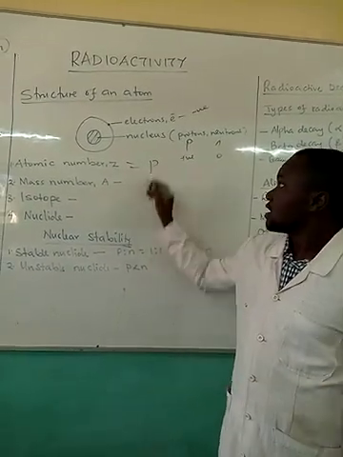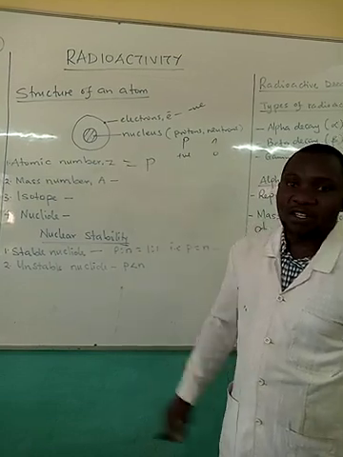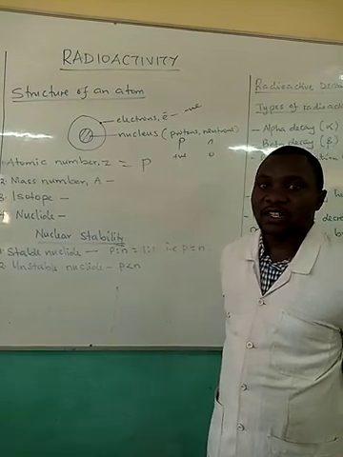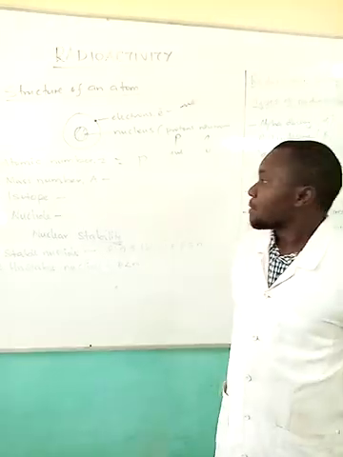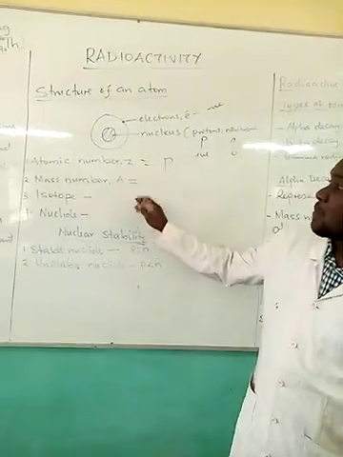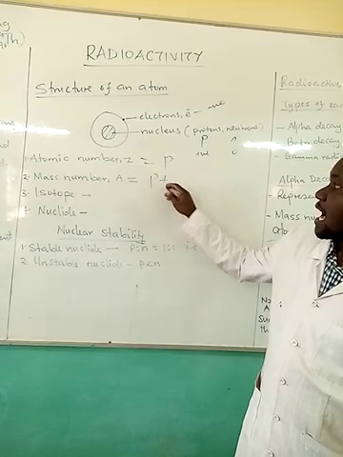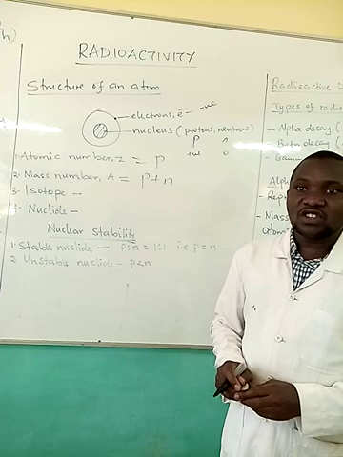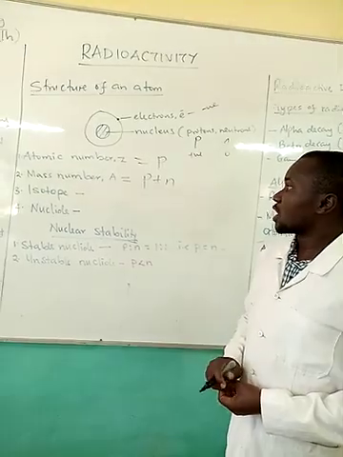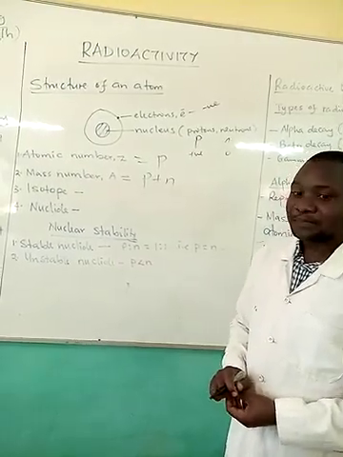We represent protons with P, but the atomic number we represent with the letter Z. Then we have mass number. Mass number is the sum of protons and neutrons. When you take protons plus neutrons, you end up with what we call mass number.